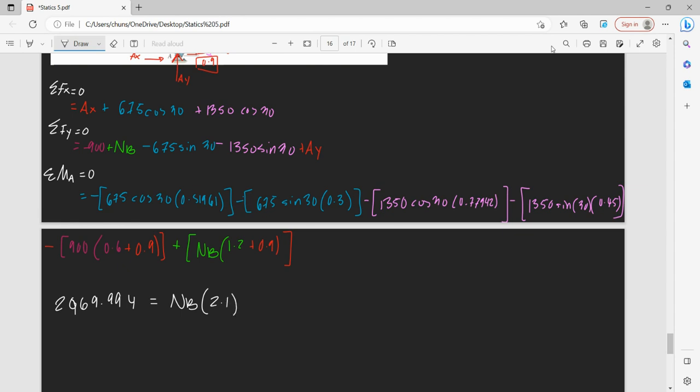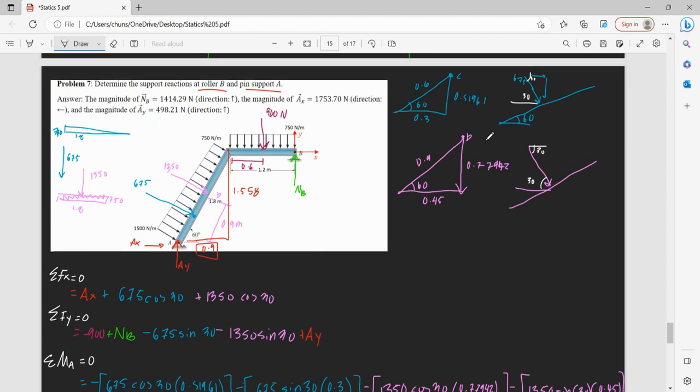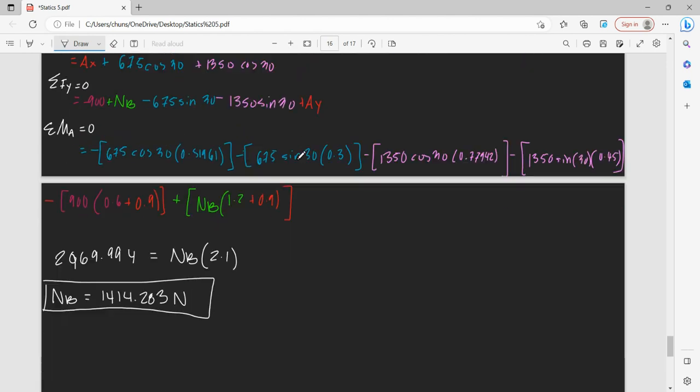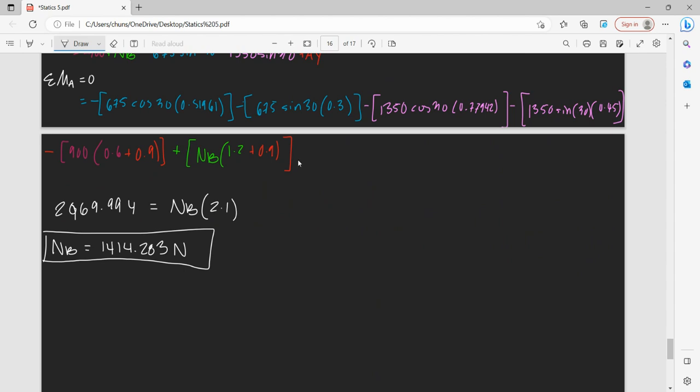Right, and if we divide that value by our 2.1, our normal at B is equal to 1,414.283 newtons, and it is positive, so the direction that we assumed is correct. And let's check. Yep, so that is the right answer for our normal force at B. Looking good.